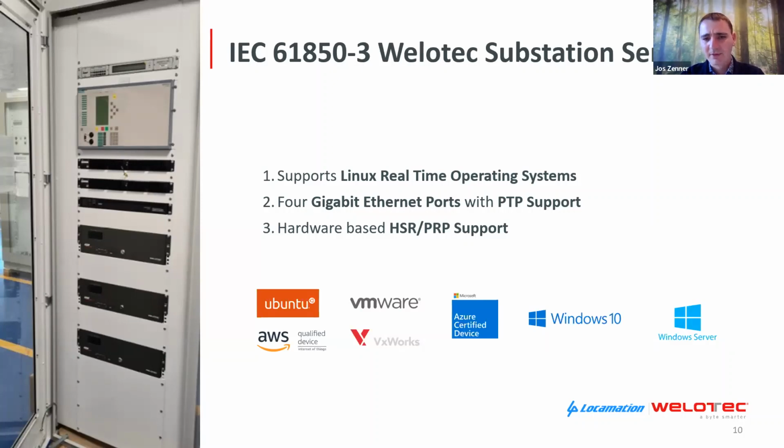If you're looking for real-time operating systems that are really hard real-time, it also supports the VxWorks one from Wind River, which you can also use on the server. If you have cloud applications and looking for cloud, the device is certified for AWS Cloud and also for the Azure Cloud.